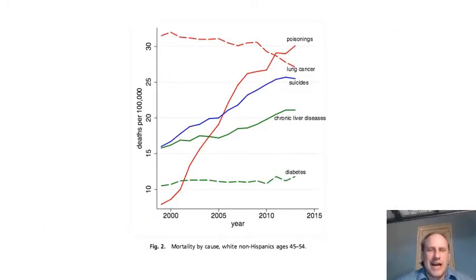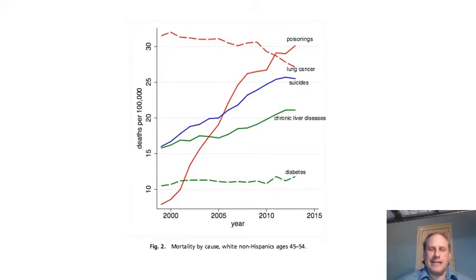So this ties into this graph, which shows how people have been dying amongst this group, these white non-Hispanics age 45 to 54. Back before 2000, you can see that diabetes has remained roughly the same as the percentage of deaths. Chronic liver disease has increased.